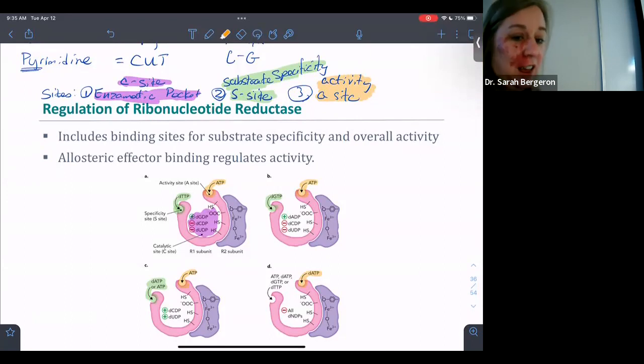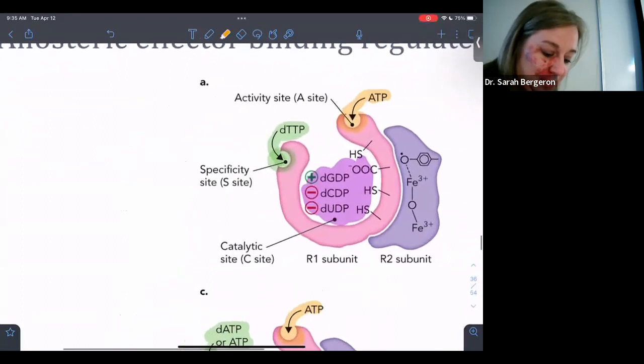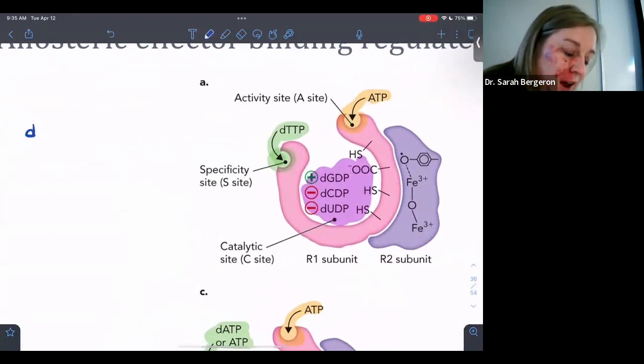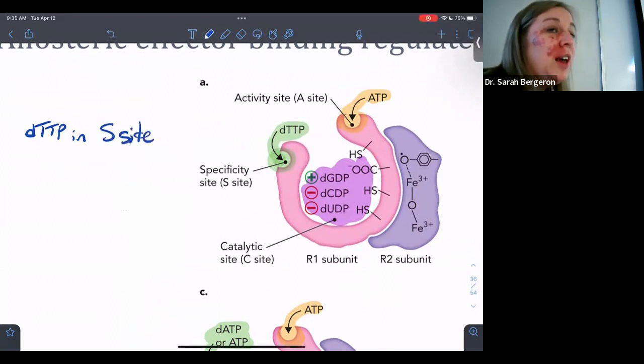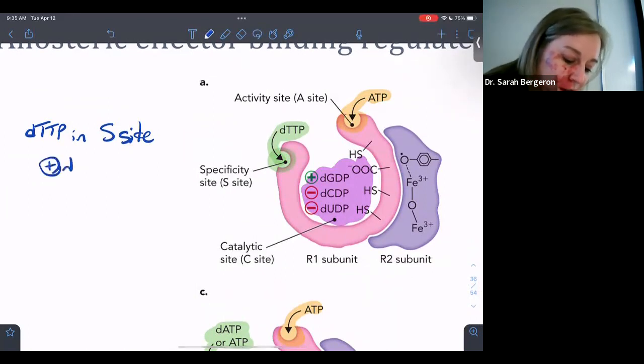Okay, so look at A. Let's start with A. In A, what we are saying is that we have dTTP in what site? In the S site. The S site is where we're going to allosterically regulate the activity. So if we have dTTP, we are going to promote manufacture of dGDP.